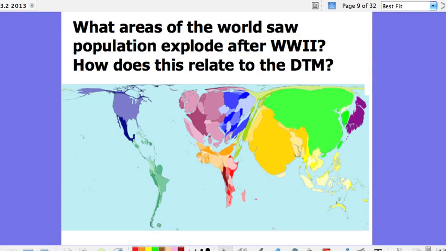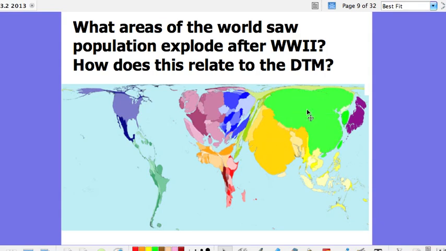Then, following World War II, you have to think about what areas of the world had a population explosion after World War II, and how this would relate to the demographic transition model. So this is kind of a funny looking map. It's really a cartogram, kind of silly, but the size of the country represents the size of the population. So this is post-World War II. If you look at the countries that are very, very crowded, you see this country here, which is India.